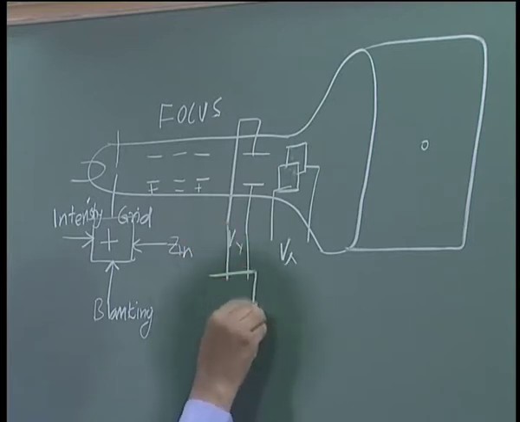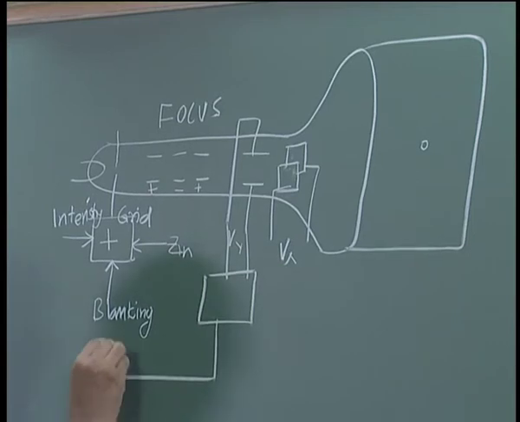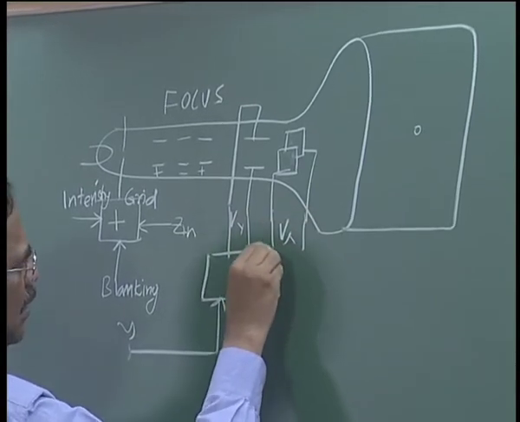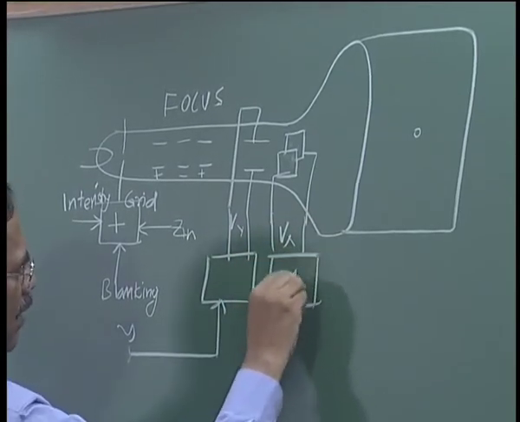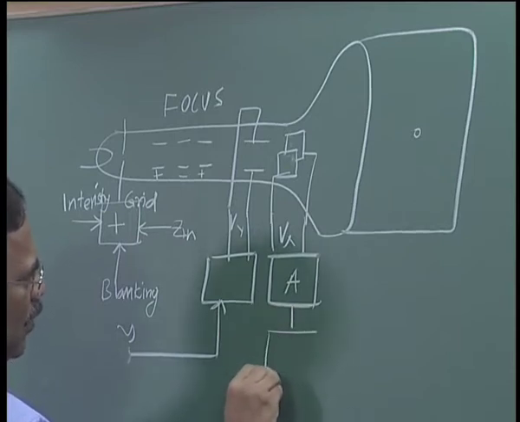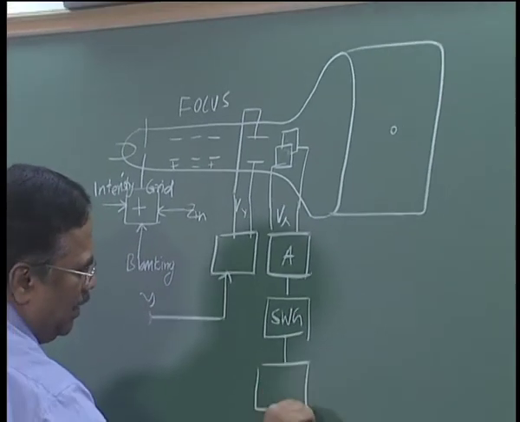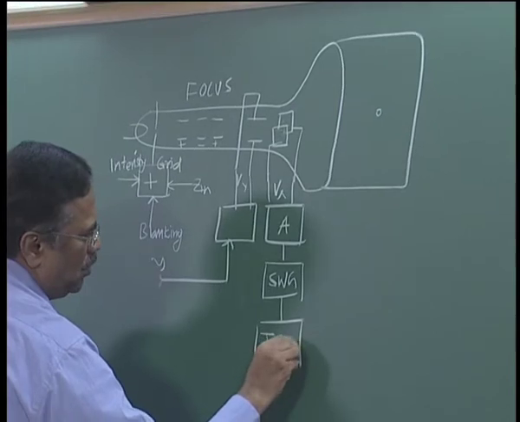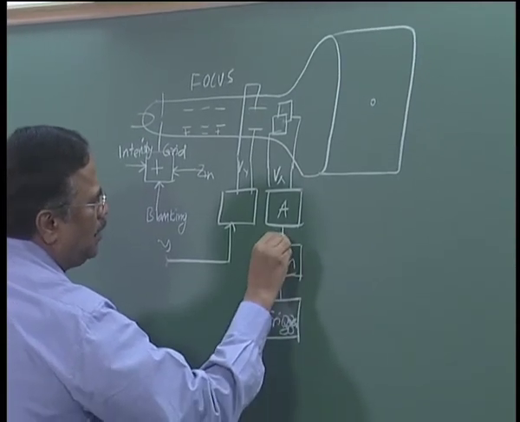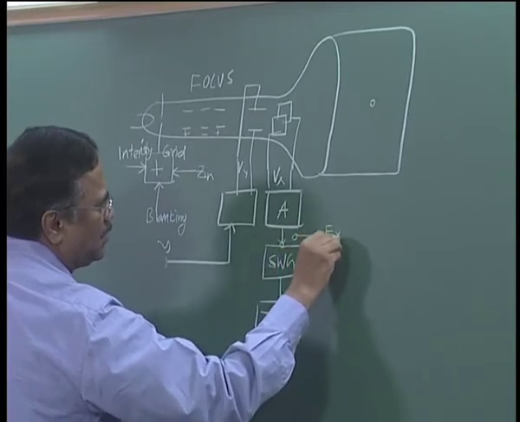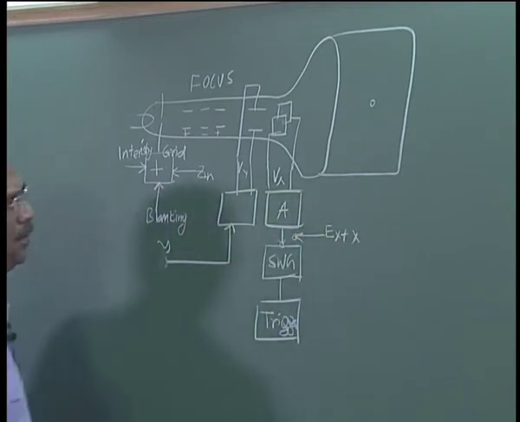The Vy goes through an amplifier and we give the Y input. The Vx gets connected to an amplifier, and the amplifier input can either come from a sawtooth wave generator, which is controlled by a trigger circuit, and it is possible that you can give an external X to the X amplifier, right.